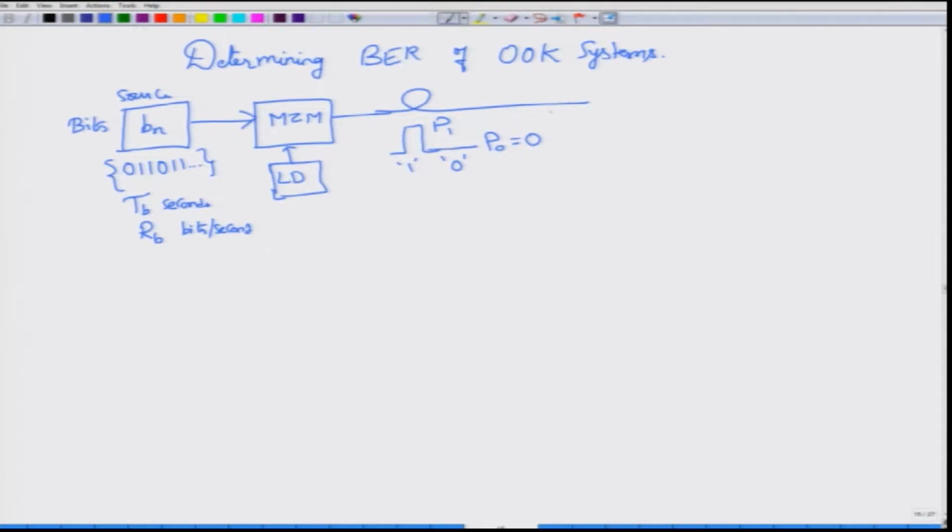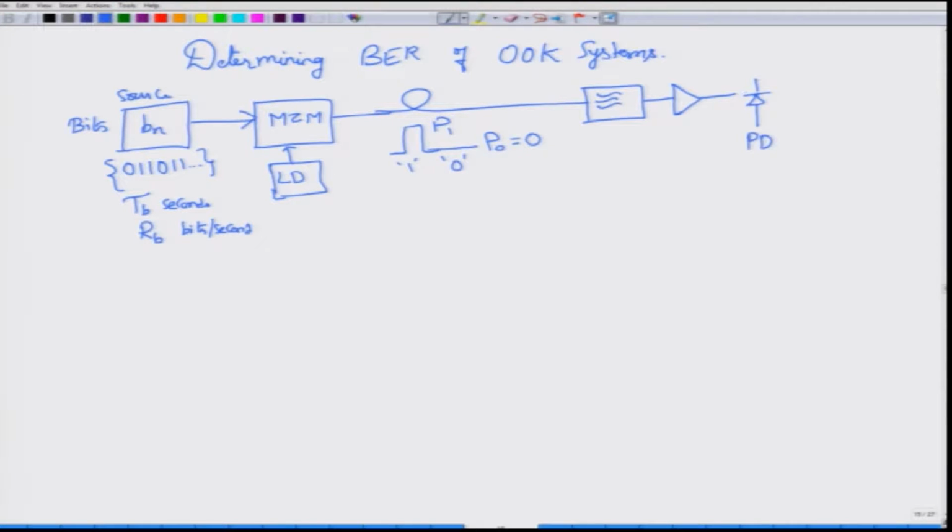After transmission, we will assume that there is only one fiber link between the transmitter and the receiver. Okay. It comes to the receiver front end. At the receiver front end, you might actually have a band pass filter and an amplifier, or you can interchange the amplifier and the band pass filter, because you need to first amplify the signal and then filter out the ASE components from that. And after that, eventually you are going to have a photo detector, correct.